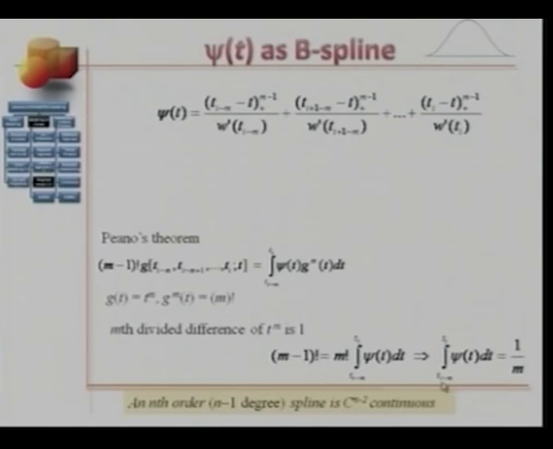And this is the standardization condition for a B-spline basis function. All we need to do is to show that psi t is non-negative for values of t in between t_{i-m} and t_i. We'll show that a little later.